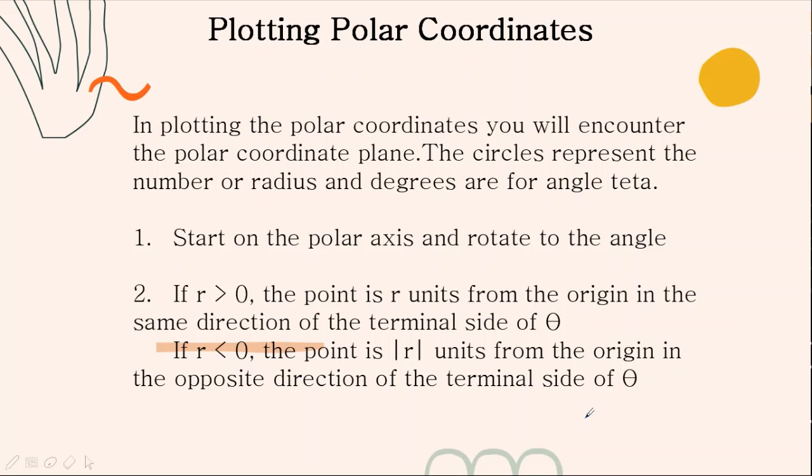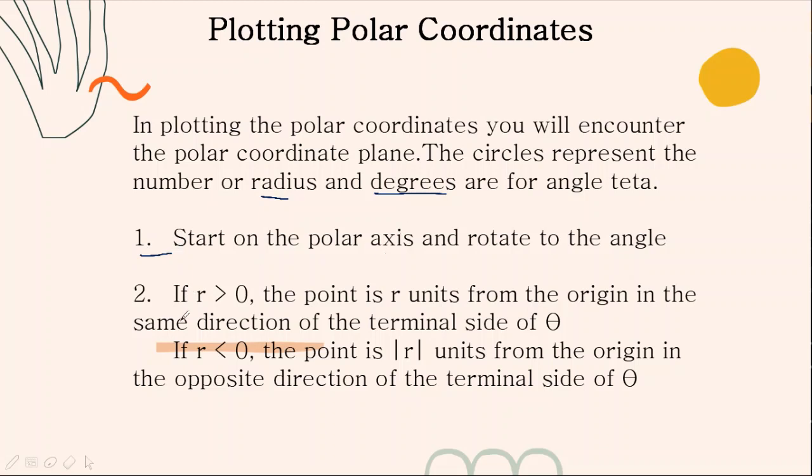So always remember that in plotting the polar coordinates, you will encounter the polar coordinate plane, wherein there's a circle that represents the number of the radius, and the degrees are for angle theta or the polar angle. So first is we need to start on the polar axis and rotate the angle.